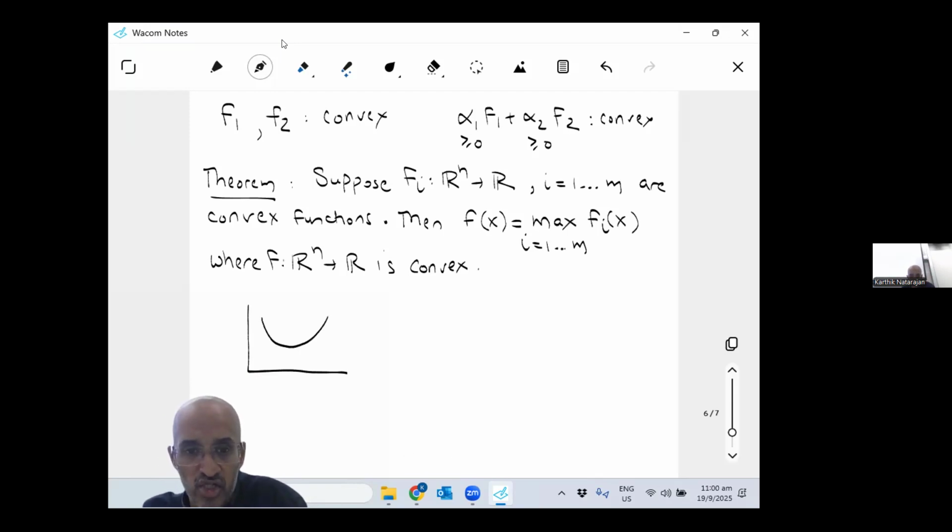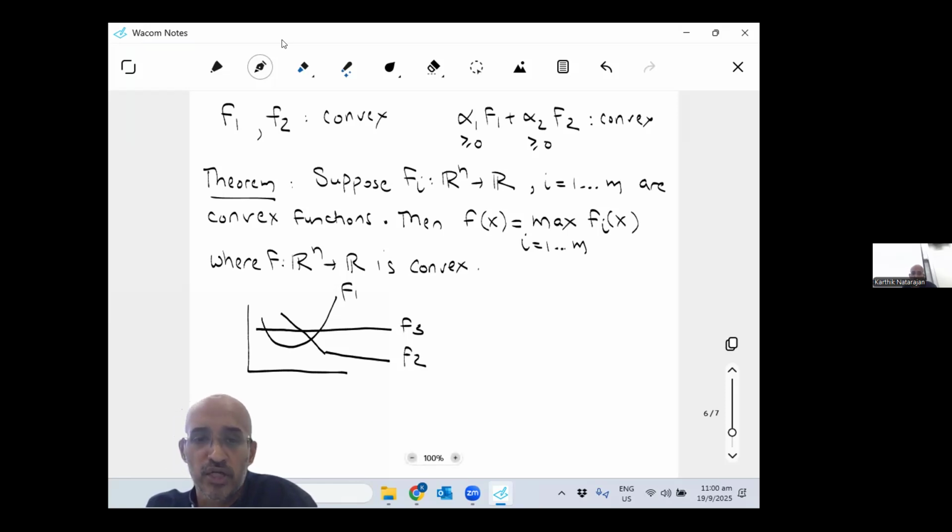Take one convex function, f1, take another convex function, f2, and maybe a third convex function, f3.